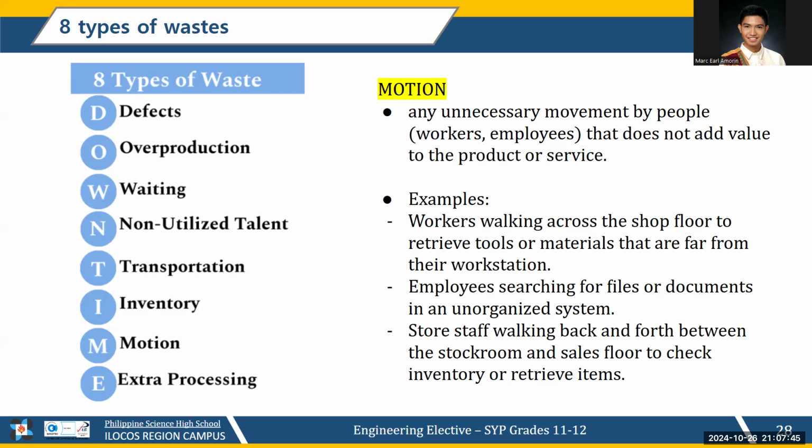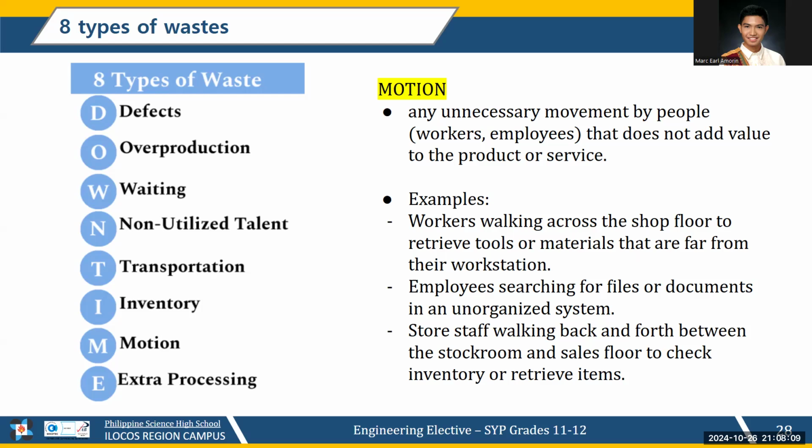Examples are the following: workers walking across the shop floor to retrieve tools or materials that are far from their workstation. Employees searching for files or documents in an unorganized system. Store staff walking back and forth between the stockroom and sales floor to check inventory or retrieve items.